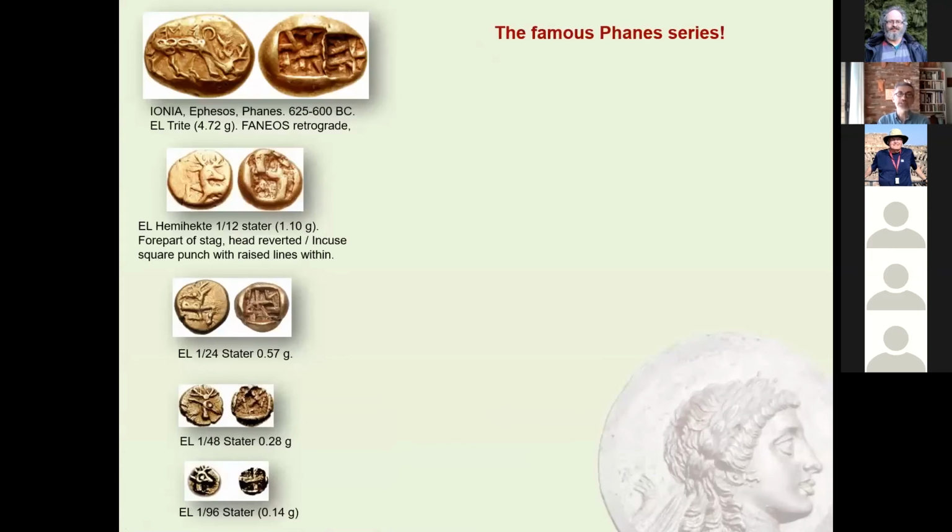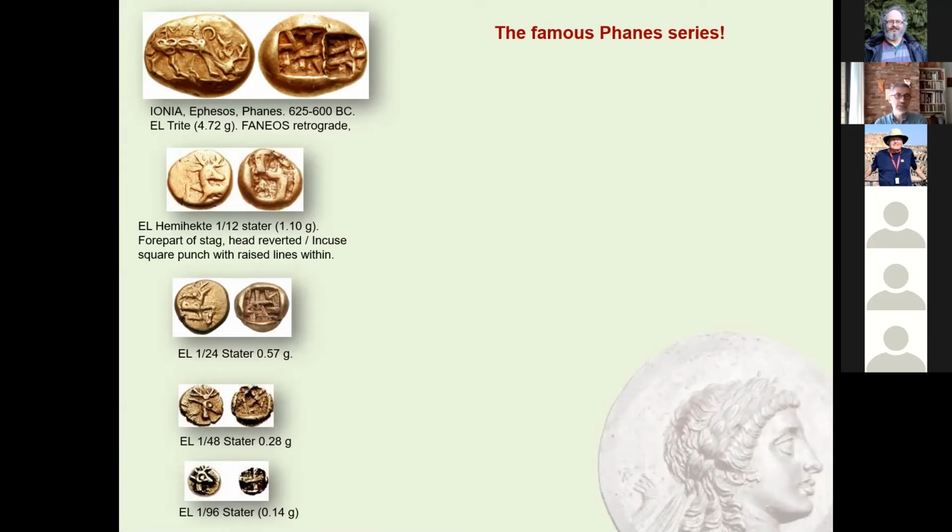Those who are interested in ancient coinage and the early ancient coinage will recognize these Phanes series. They are one of the earliest inscribed coins, together with the Lydian inscribed coins.